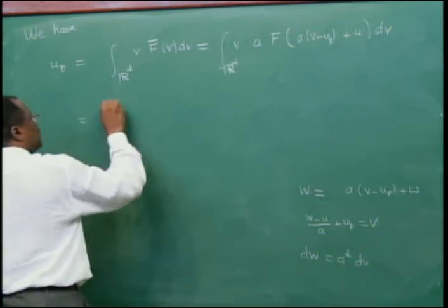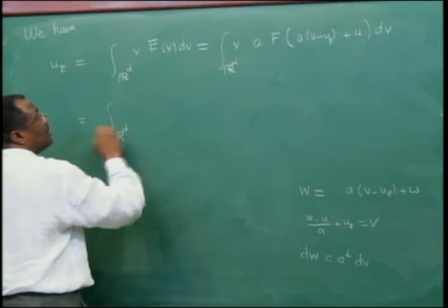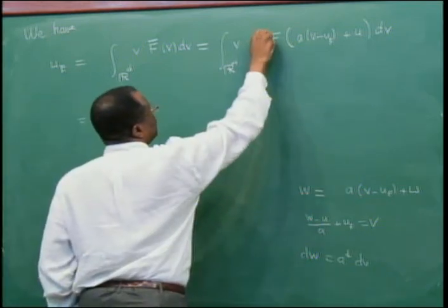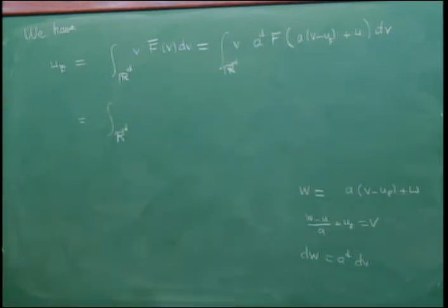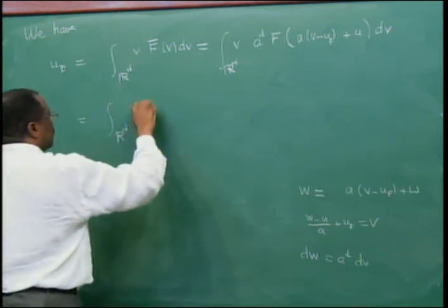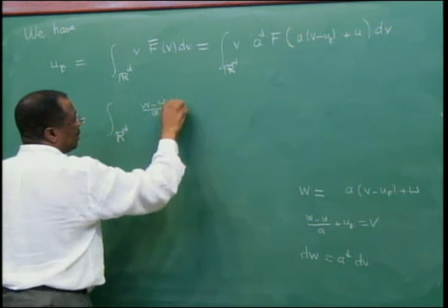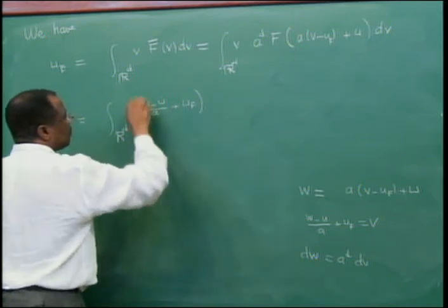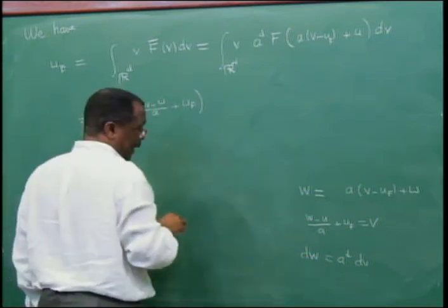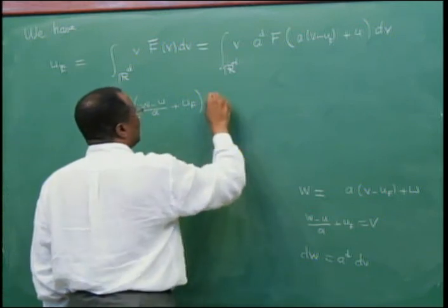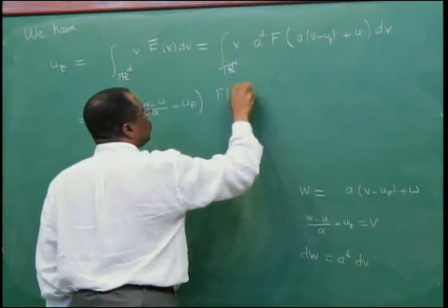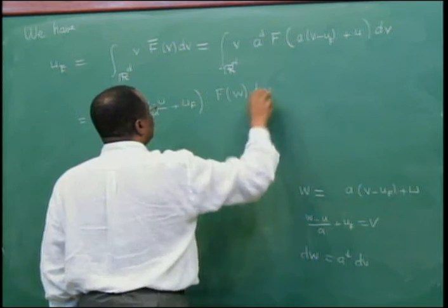So that is the integral over R^d, and this is a to the power d, of the integral over R^d of (w − u)/a plus u_f, f(w) dw.